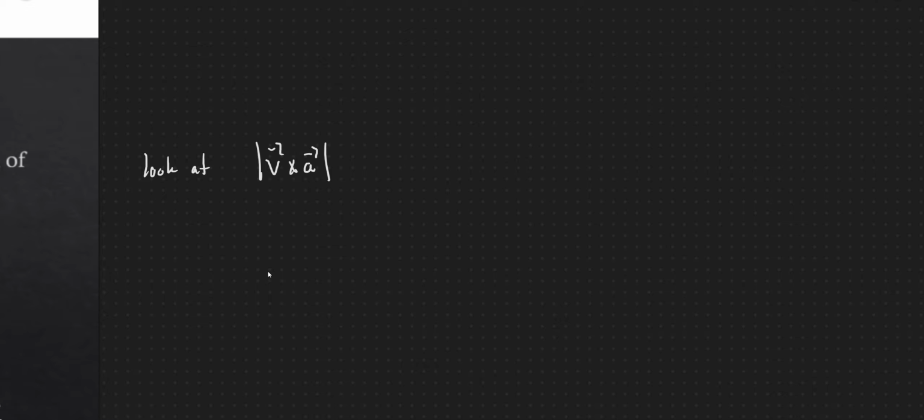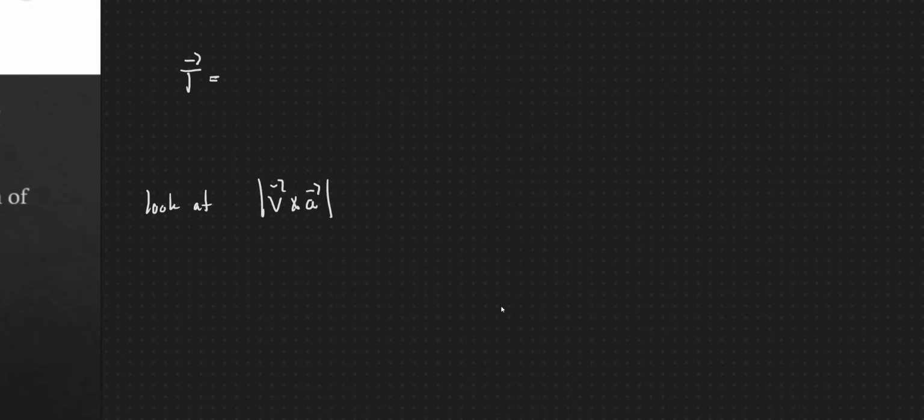So let's remember that my unit tangent vector T is the velocity vector times 1 over the magnitude of the velocity vector, right? It points in the direction of velocity, but has unit length, so we get this form.